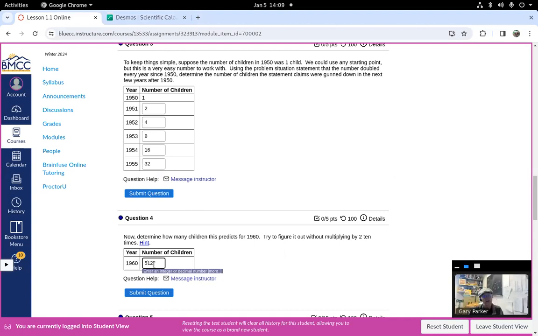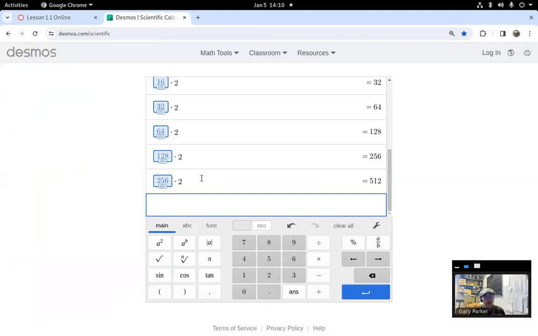Now I mentioned before, I should double check this before I hit submit, because if I don't get it right on the first try, there's a hint here you could check out. How many years have gone by from 1950 to 1960? That would be 10 years, and the hint says I could use a power. So what is 2 raised to the 10th power?